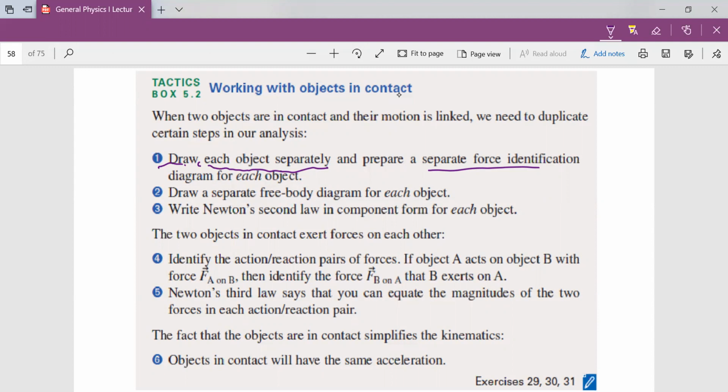So the next after separating the object will be to do a free body diagram. And you know what the free body diagram helps us to do? Identify the forces and also emphasize the direction of the forces. So once we notice that, as immediately we finish drawing our free body diagram, we are able to, from the free body diagram, tell the component of force and their magnitude, pointing out also the direction.